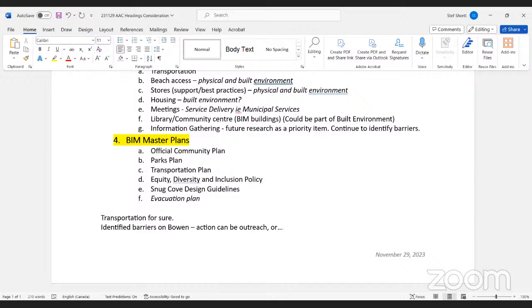Okay, I was thinking along the lines of organizing it into two subheadings, municipal and external agencies, which could have recommendations and things like that.